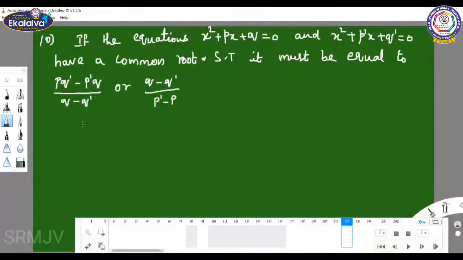Let alpha be the common root, because it must be a common root.